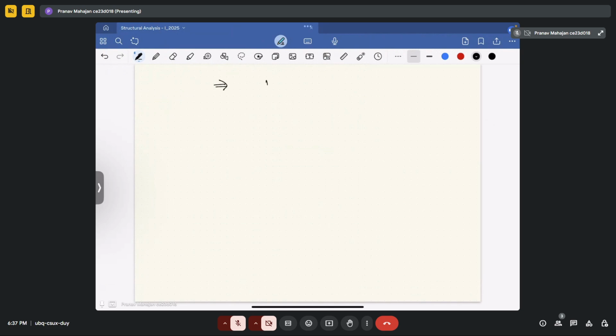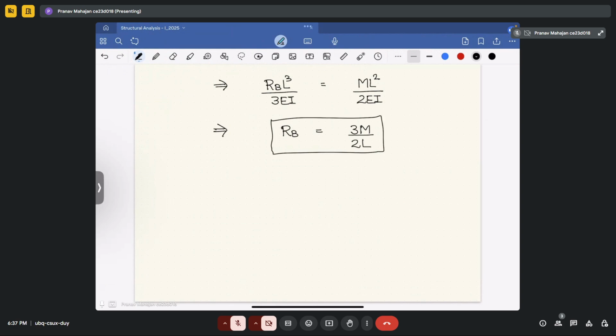So let's calculate RB. Your RB L cube upon 3EI will be equal to ML square divided by 2EI, and RB will come as 3M divided by 2L. Okay, so this you will get as your reaction in this case.